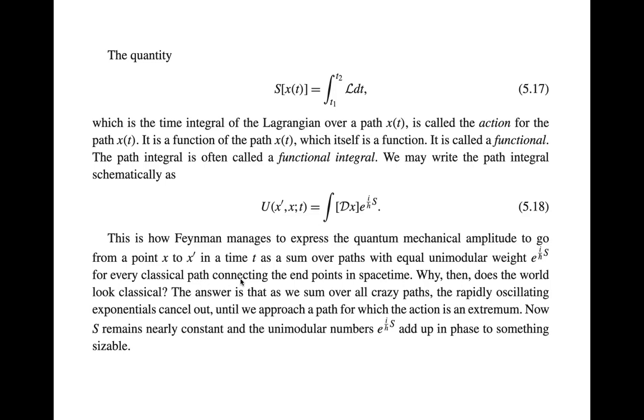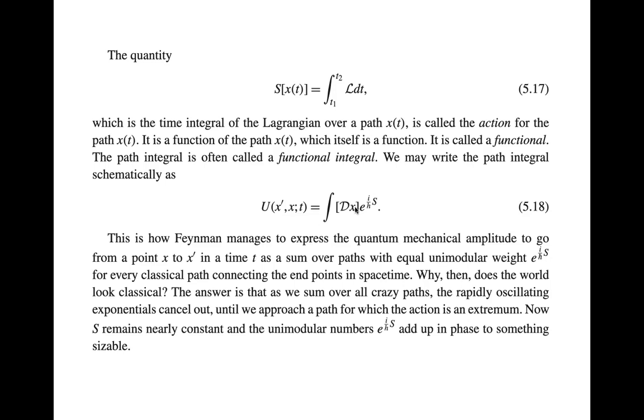The answer is that as we sum over all crazy paths, the rapidly oscillating exponentials cancel out until we approach a path for which the action is extremal, right? Because there are all kinds of possible paths, but the h bar is very small. So any deviation of the path will generate a different phase factor, and they will cancel each other.